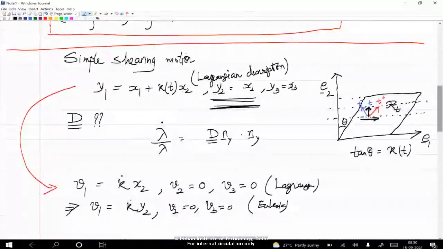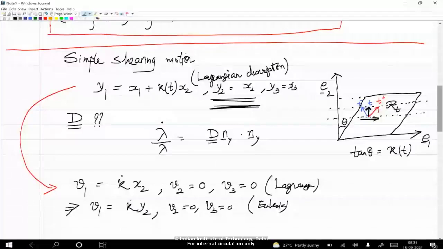Can you indeed see that that should be the case, that the angle between line elements which are currently oriented along 3 and 2 is 0? Anybody not able to follow this? You see the line element along E2 is indeed changing its orientation, but it's changing such that it remains in the E1 E2 plane, whereas the line element along E3 is always along E3.